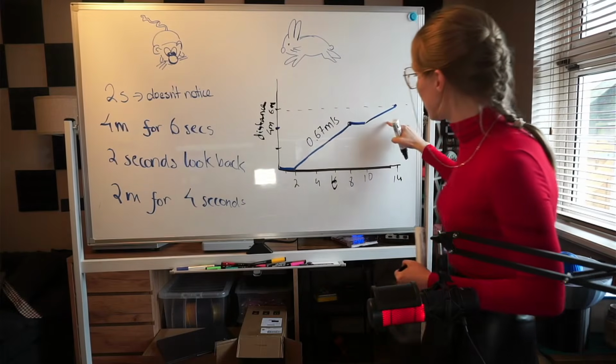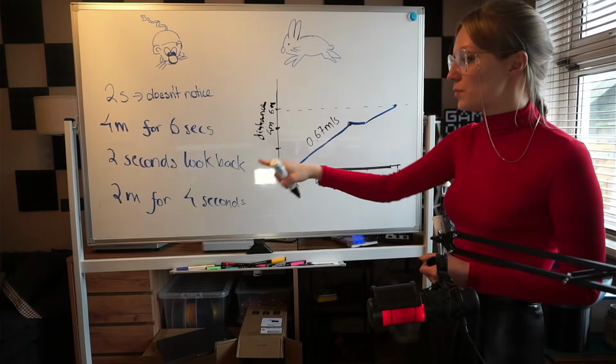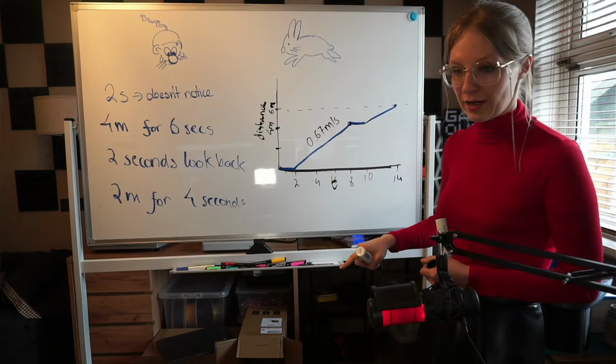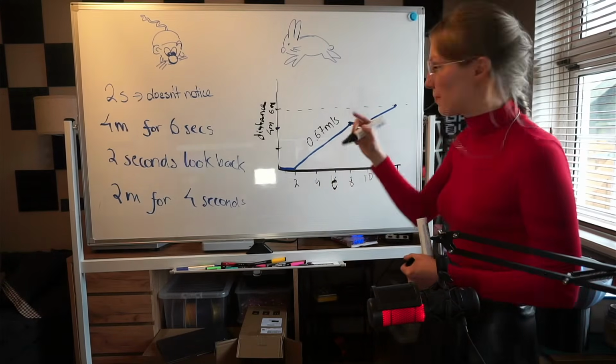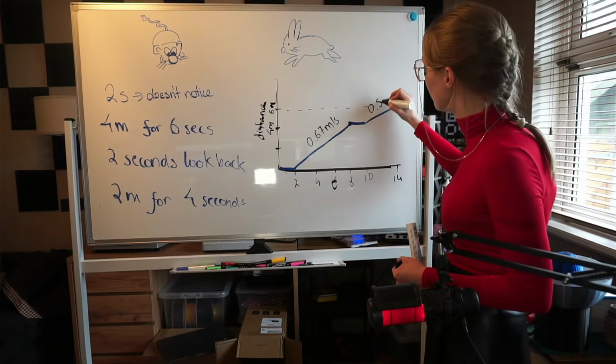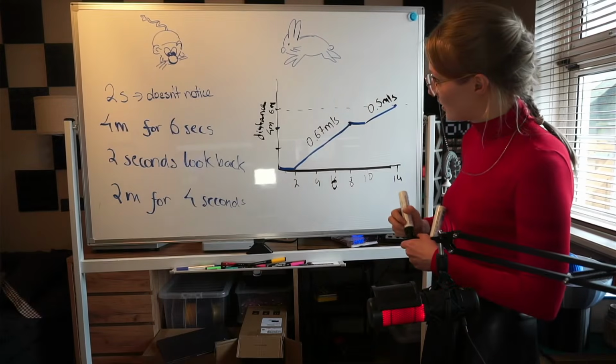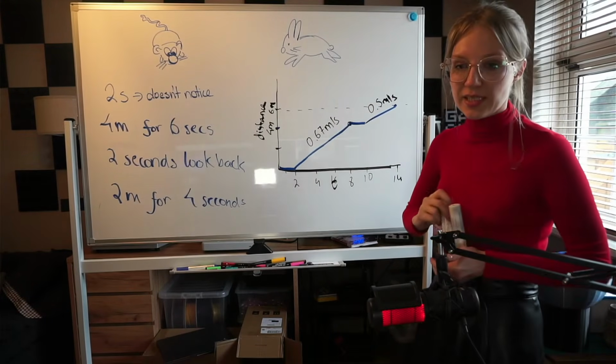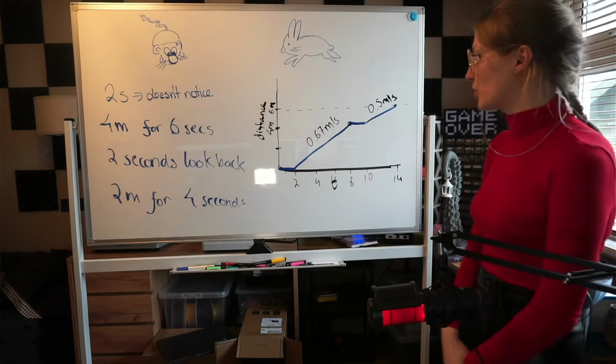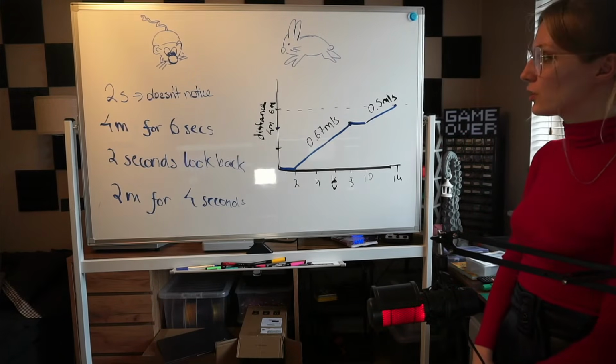And then when the rat is running nonchalantly, it's 2 meters in 4 seconds. 2 divided by 4, 0.5 meters per second. And we have a little bit of a velocity time graph demonstration of linear motion.